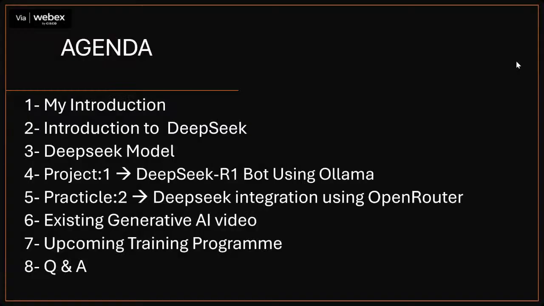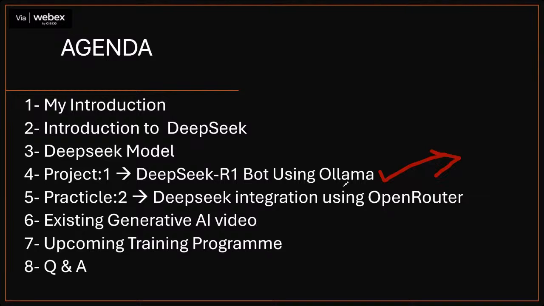Here is the agenda I mentioned in the slides. The first thing is my introduction and an introduction to DeepSeek and what the DeepSeek models are. And we will build two projects together today: one project and one practical. The first project is a DeepSeek R1 bot using Ollama, and we build this model locally. That means we don't use Google Colab for this one. We're going to work on this project together, so I will write the code and you can also work along with me.